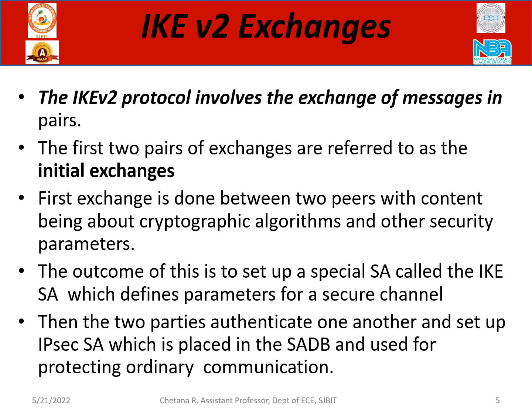Another security association is created, which is placed in the SADB and used for protecting ordinary communication. So ultimately, by providing multiple security associations, it is possible to protect the communication.